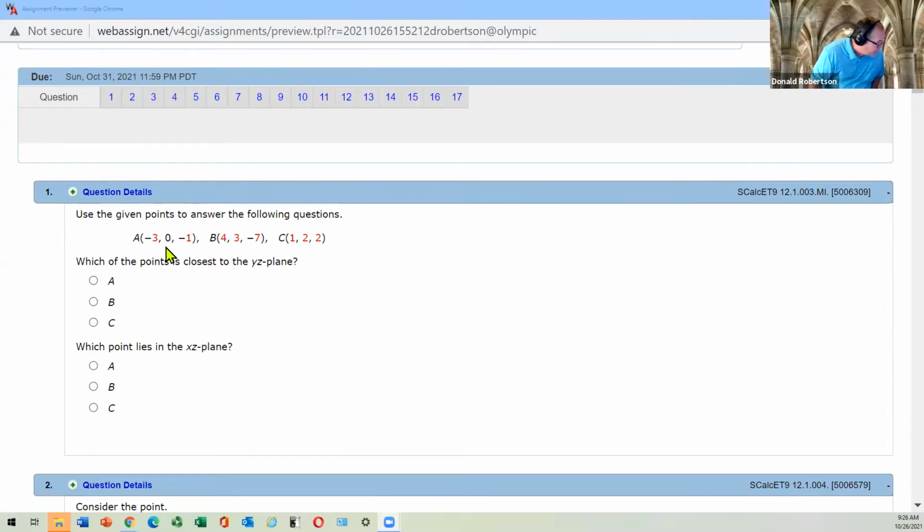So let's show you what some of your homework questions look like, because we haven't really done anything as far as I can tell. So here's a question where they give you 3 points, and the first one says, which is closest to the YZ plane? Well, wouldn't you just look at them and find out how far away each one is, and the one that had the smallest number would be the answer. So which one of those is the closest to the YZ plane?